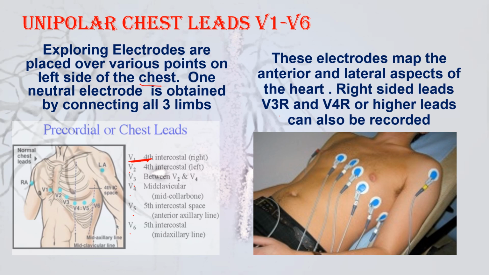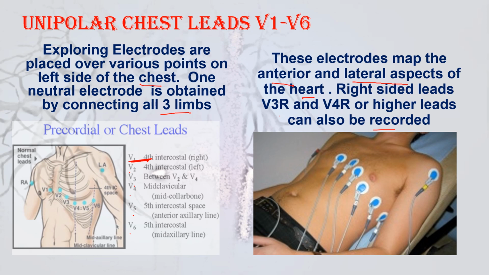One neutral electrode is obtained by connecting all 3 limbs. These electrodes map the anterior and lateral aspects of the heart. Right-sided leads V3R and V4R or higher leads can also be recorded.